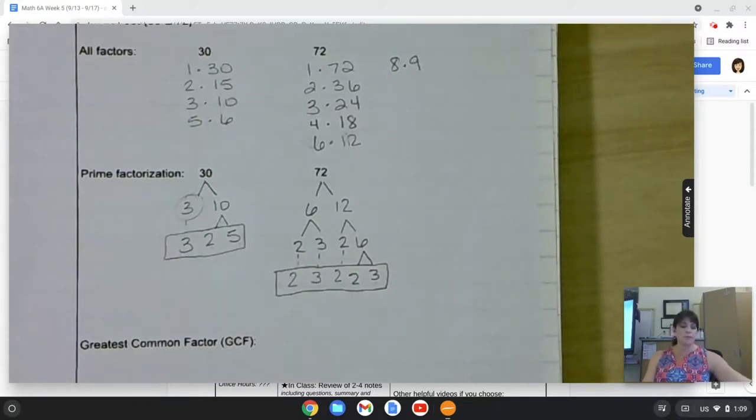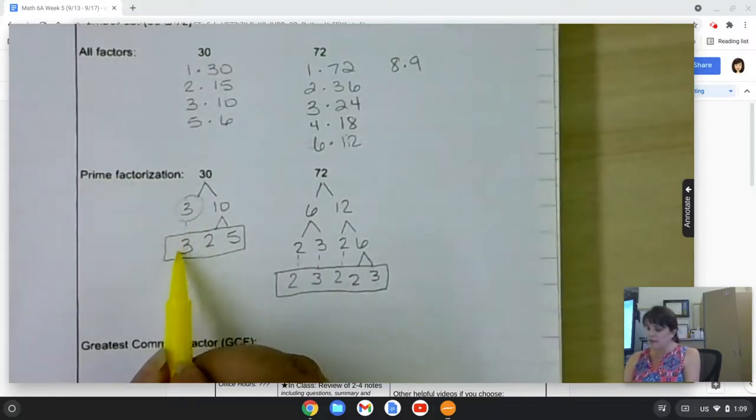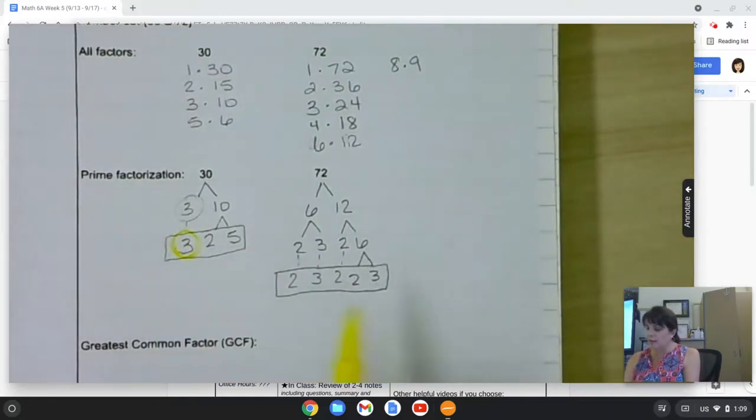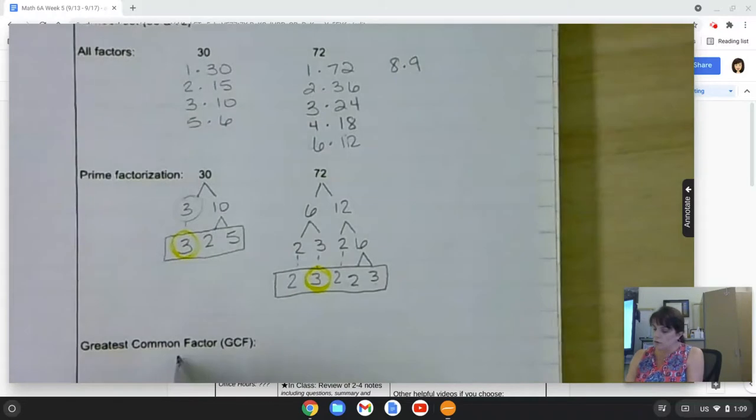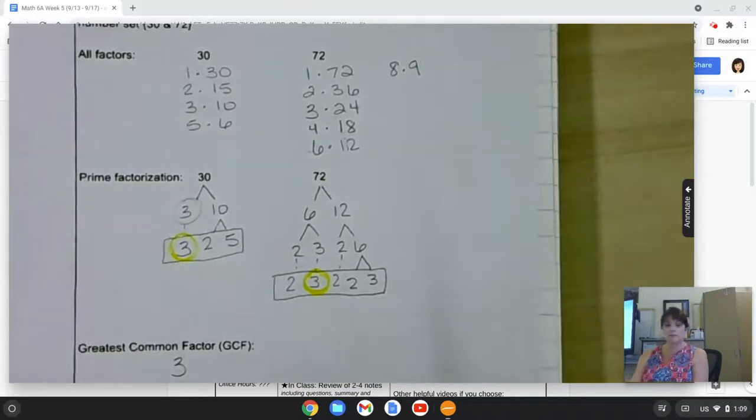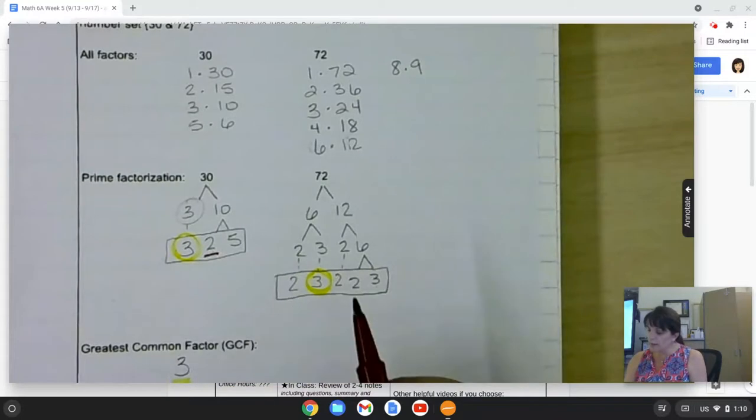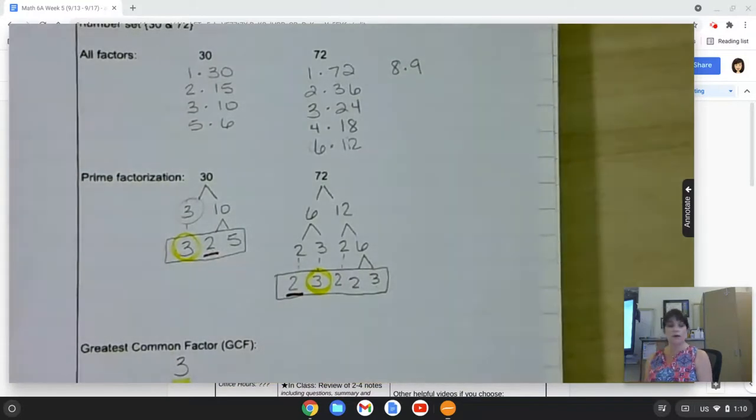Here's what can happen with prime factorization. With prime factorization, I can say, oh, well, this has a prime factor of 3. And it has a matching 3 over here. So here's a 3. Here's a 2, and it has a matching 2 over here.